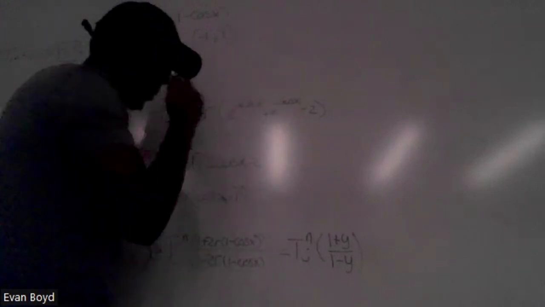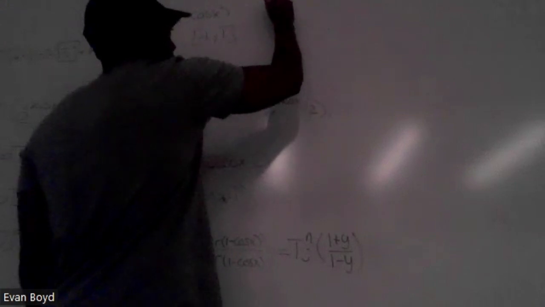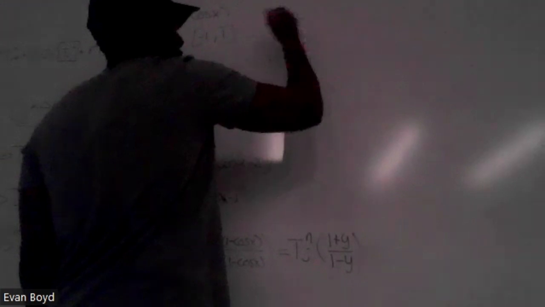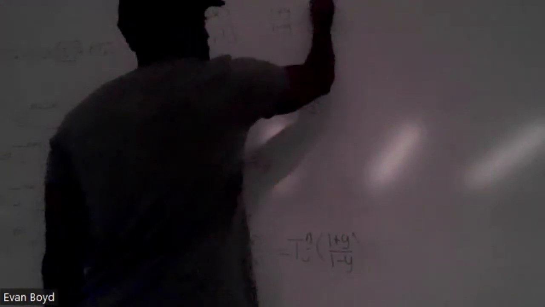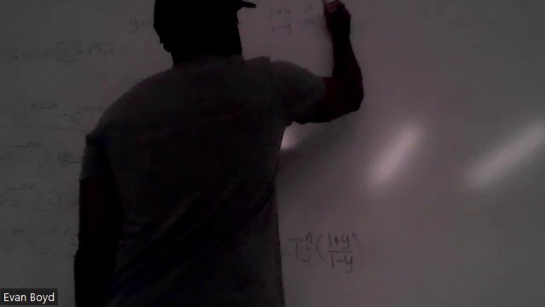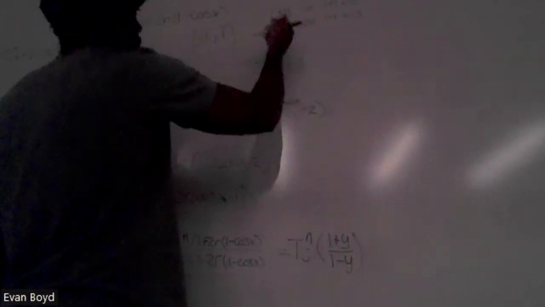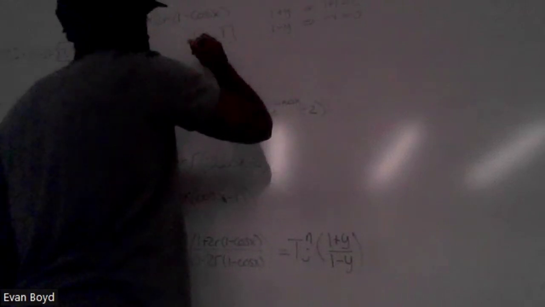Now, if we take this expression of 1 plus y and 1 minus y, and we plug in 1 for y, you'll get 2 and 0, which are the domains for the y's for the expression.